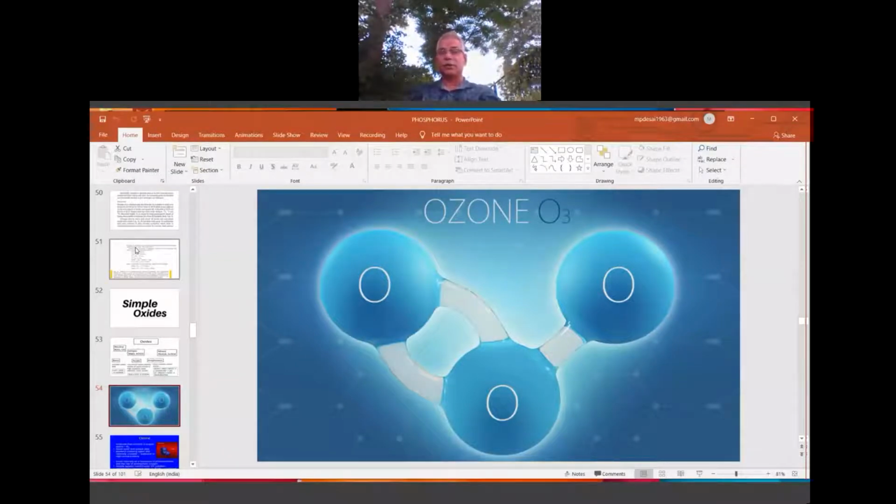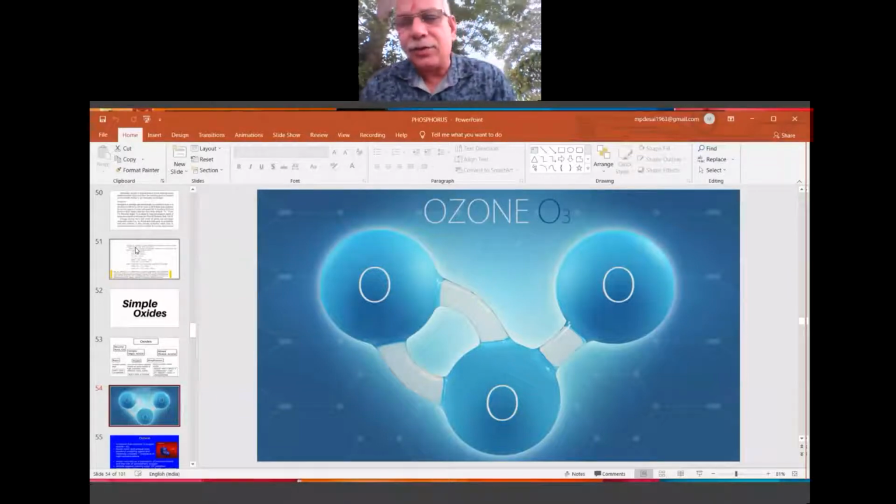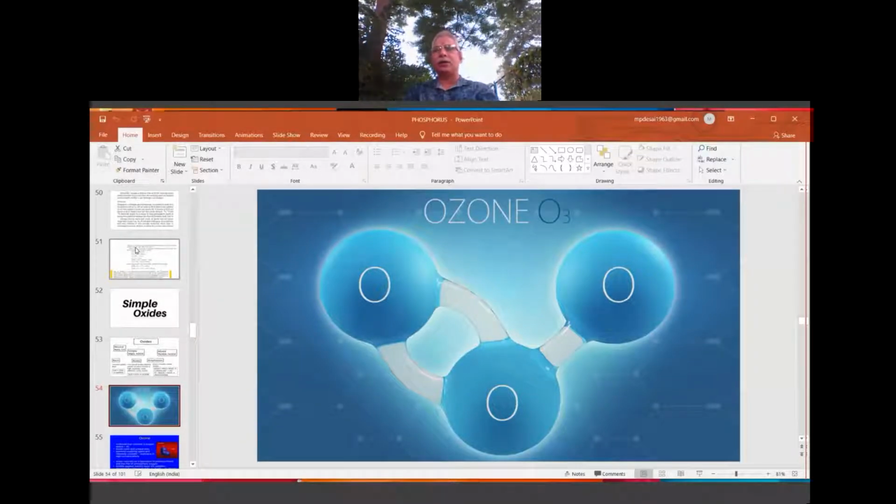Just have an idea about the bonding. One is a double bond, one is a single bond. But from 11th class knowledge, the double bond keeps changing through delocalization of the pi electron, so we are allowed to write the bond anywhere. That is called the resonance hybrid structure for ozone.